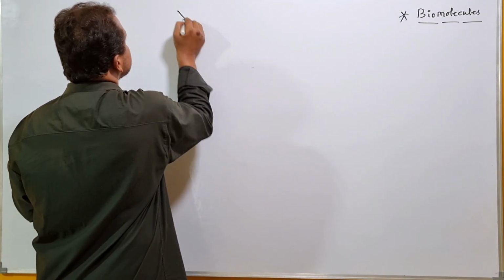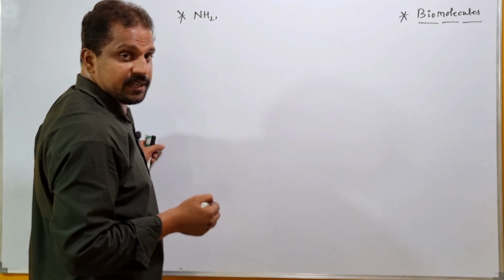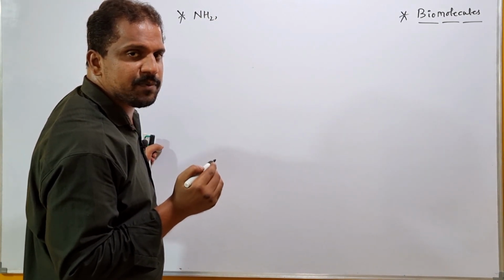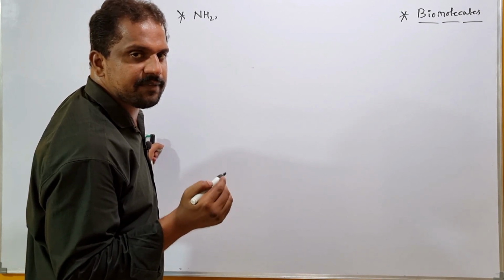And as I have already mentioned, the amino group, carboxylic group and even the R group are responsible for regulating the physical properties and as well as the chemical properties of the amino acids.